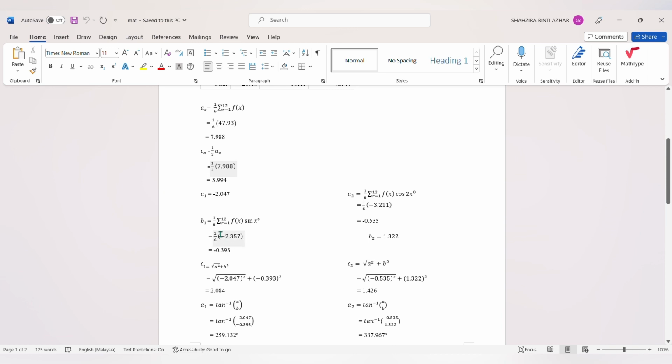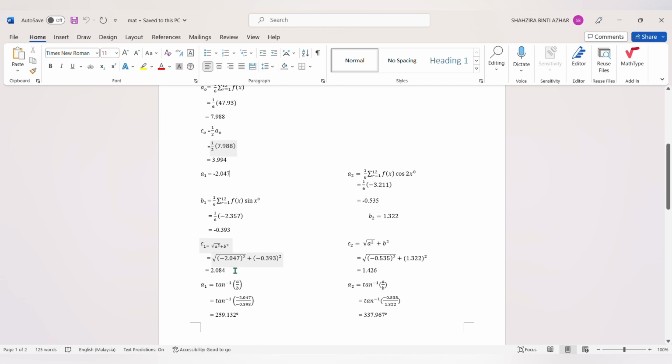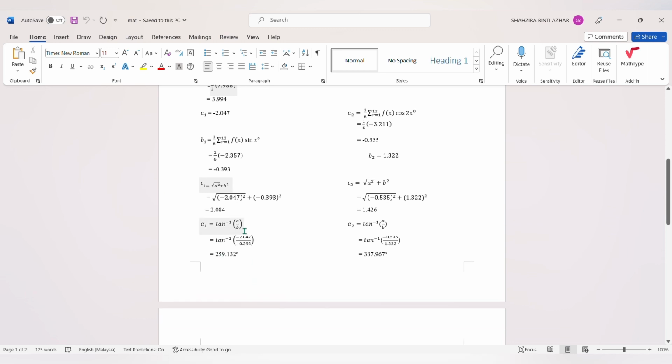And then we calculate for B1, where the answer is negative 0.393, and then we calculate for C1, and I got the answer 2.084, and for alpha 1 I got the answer 259.132.